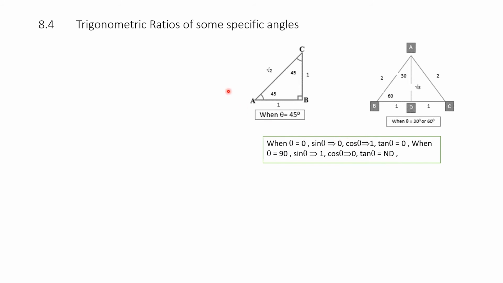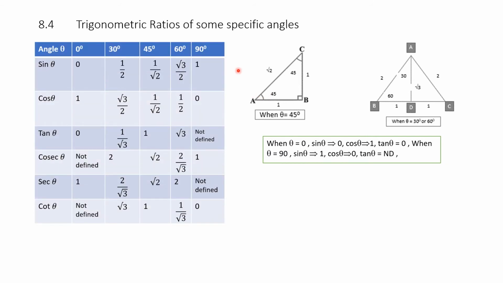Let us write all these ratios in a tabular column. Please see here the ratios of standard angles. When theta is equal to 0, it is given in the second column. So, sin 0 is 0. Similarly, if theta equals 30, sin 30 is 1 by 2.